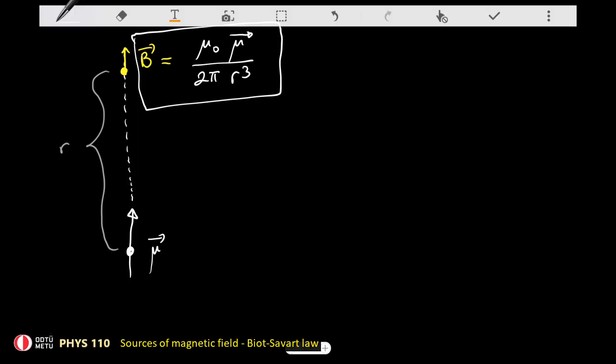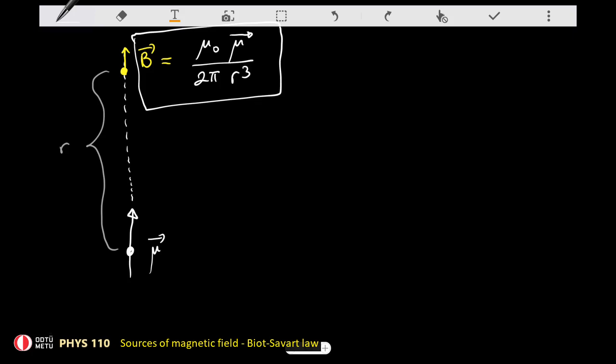So you can see that this magnetic dipole produces a magnetic field, but that field depends only on the magnetic dipole moment and the distance to that dipole, and it doesn't depend on how the current is distributed.